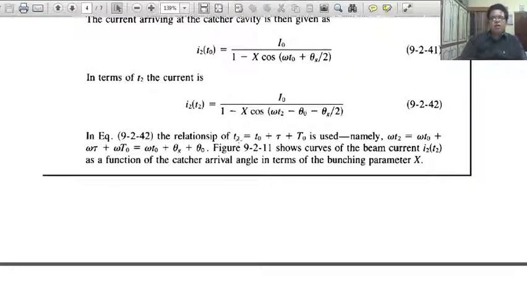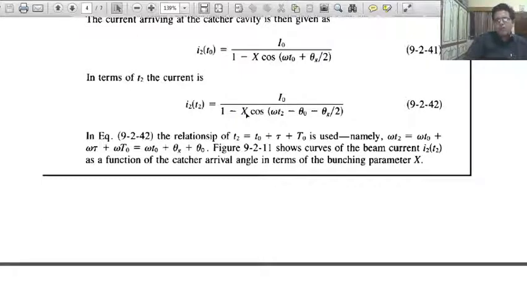Now we know, by using the graph or seeing the velocity modulation curve, this expression T2 equal to T0 plus tau plus capital T0, by multiplying it by omega, is converted into radians. So the beam current I2 of T2 is a function of the catcher arrival angle in terms of the bunching parameter. What is X?